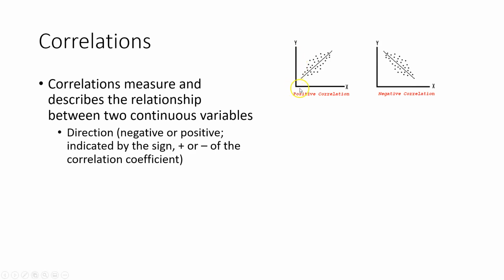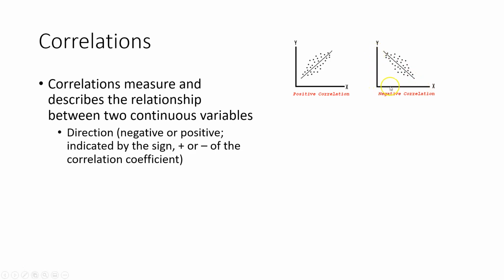So as values of x get bigger, values of y get bigger as well, and that's the reason why the tendency of the variables, the overall shape of the dots here, tends upward toward the right. In a negative correlation, the variables are inversely related to each other, so that as one gets bigger, the other gets smaller.